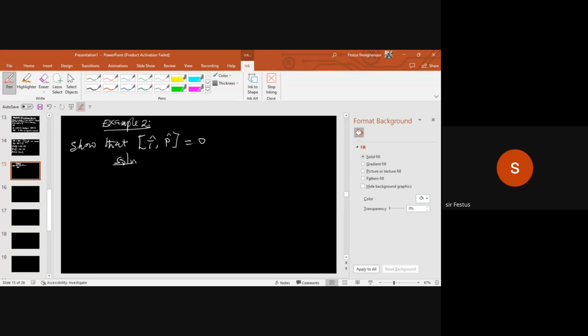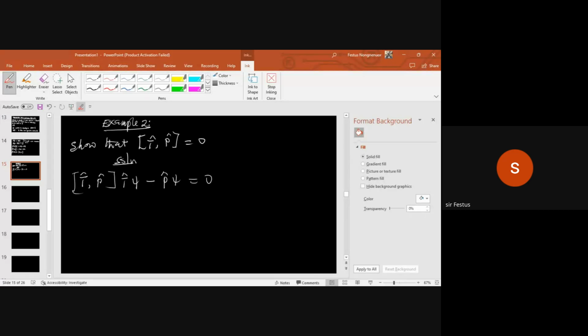So the solution is you define your operators. For T to be able to commute with momentum, you have T acting on the wave function minus P acting on the wave function, and it must give you 0.